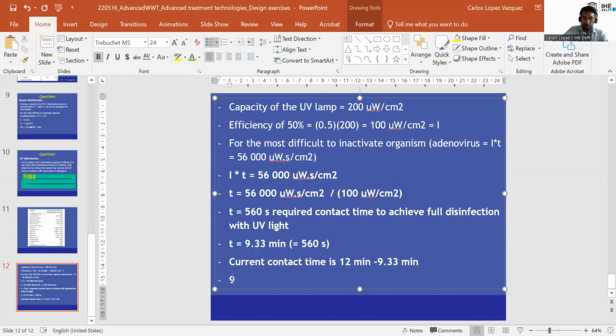So this also means that I need to cover 9.33 divided by 12, approximately 77.7% of the disinfection unit or disinfection tank with UV lights.